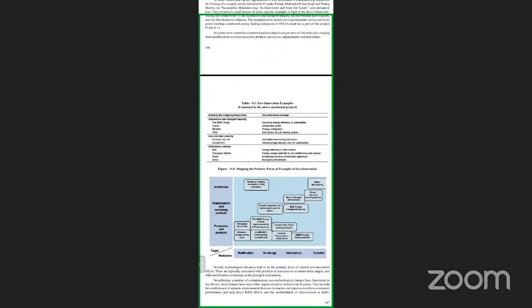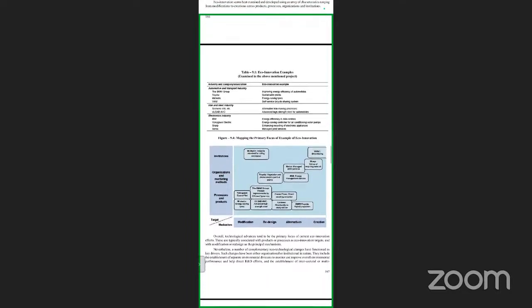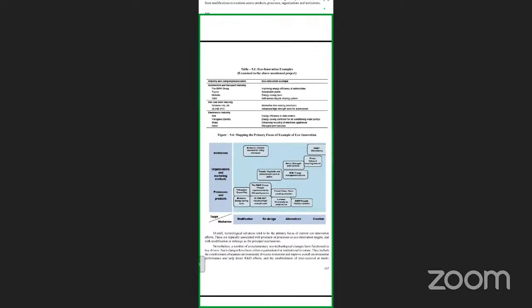So, what's the present focus on current eco innovations? The present focus is on the automotive and transport industry, iron and steel industry, and electronics industry. And eco innovation examples for the automotive and transport industry: if you take BMW Group, the organization, they are improving energy efficiency of automobiles, and Toyota, if you take sustainable plants, and Michelin, if you take energy saving tires, and others, they have self service bicycle sharing system.